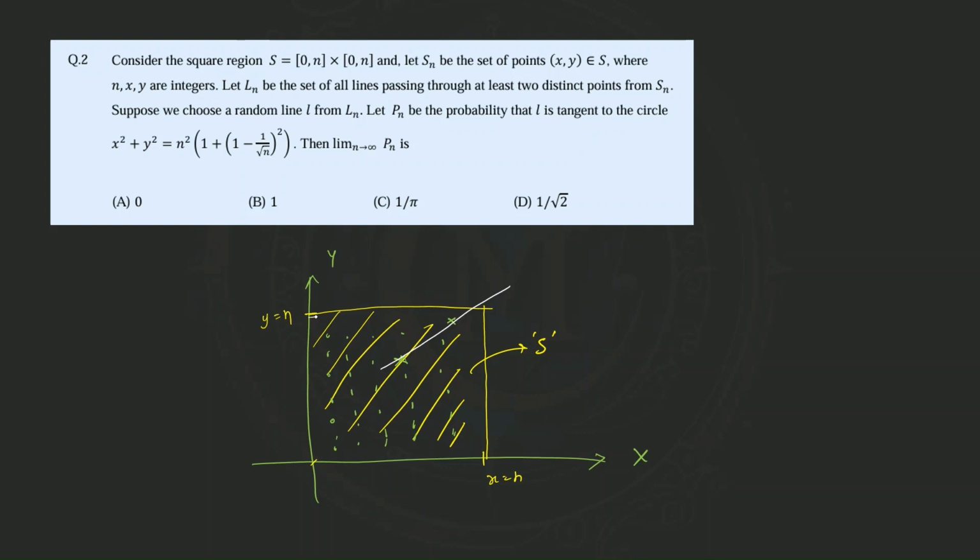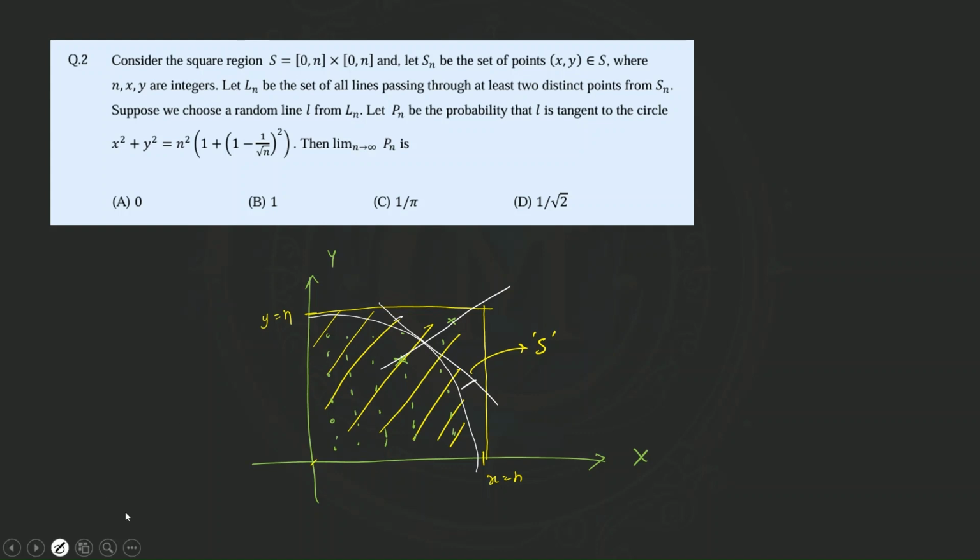Only the quarter circle is drawn here. Let's say some line is tangent to it, and this line passes through two lattice points. Then we are to calculate the probability that we select this line out of all the lines that are formed by joining two lattice points in this region Sn.